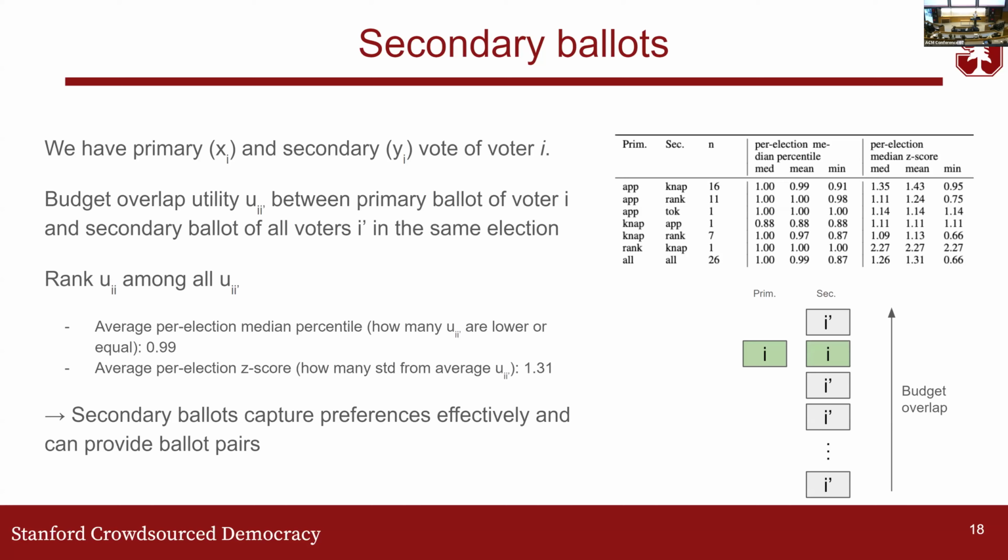And we see that the percentile that they end up is actually really high. So that gives us a good indication that given all the possible things that people filled out in the secondary ballot, this is a very similar one to their primary ballot. So this gives us a good indication that these secondary ballots actually contain useful information. We don't expect them to be identical, of course, because these are different voting methods. So some differences are to be expected, but we see that it has useful data.